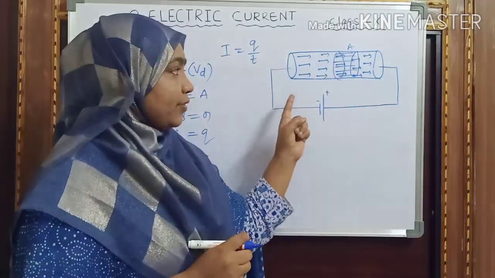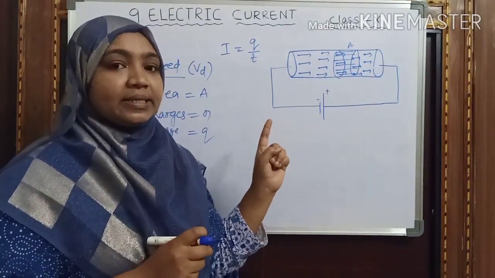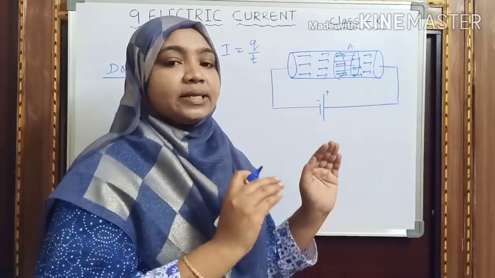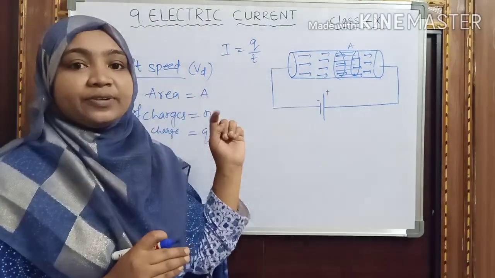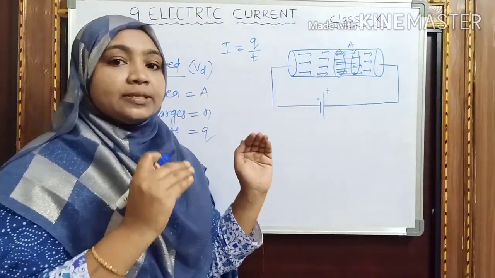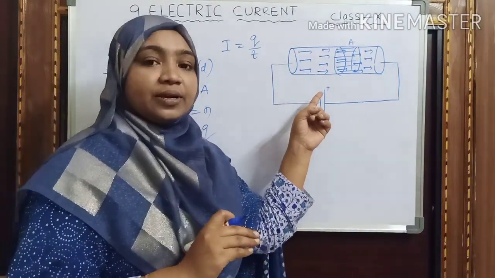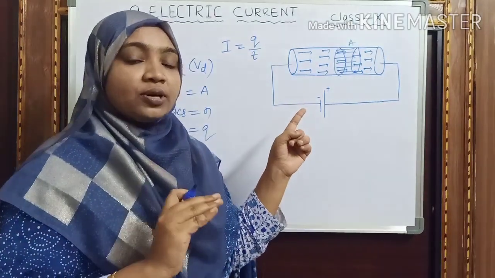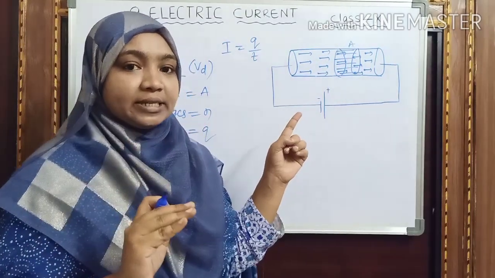So here electron is moving in this conductor. In 1 second electron can move from one place to another place. So the distance covered by the electron in 1 second is just equal to its speed. What is its speed? It is moving with the drift speed, that is Vd. So in 1 second of time the electron can cover Vd distance only, because by the definition, speed is equal to distance by time.